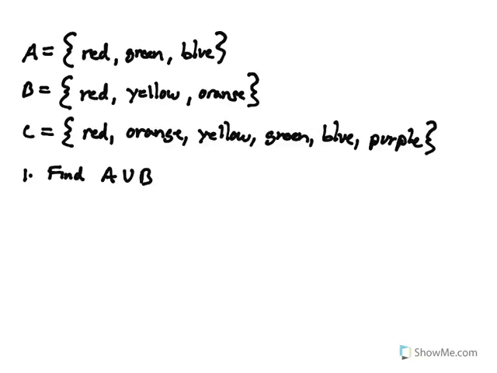Well, we'll look at the original sets that I gave you. The first set has red, green, blue. The second set, B, is red, yellow, and orange, and then C is red, orange, yellow, green, blue, and purple. So in order to find the union, we notice that we have red, green, blue. We want to find all of the elements, which in this case are colors.